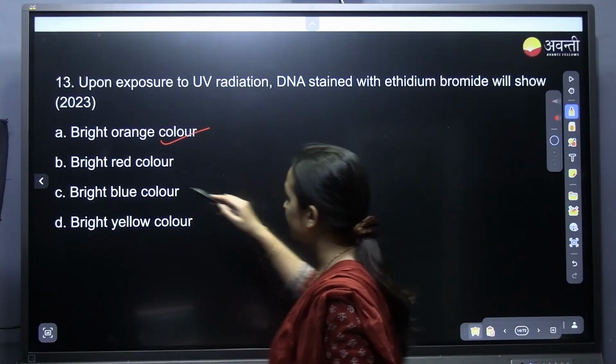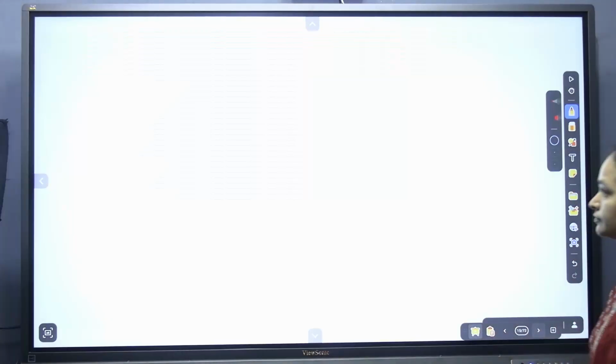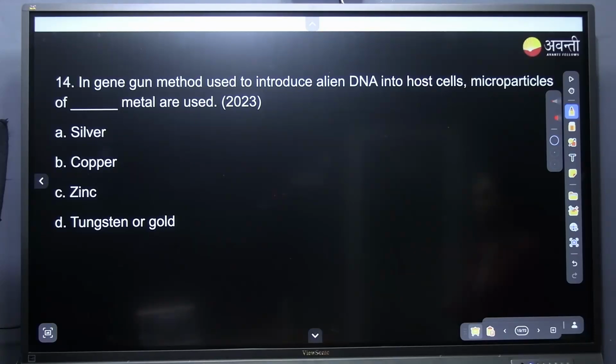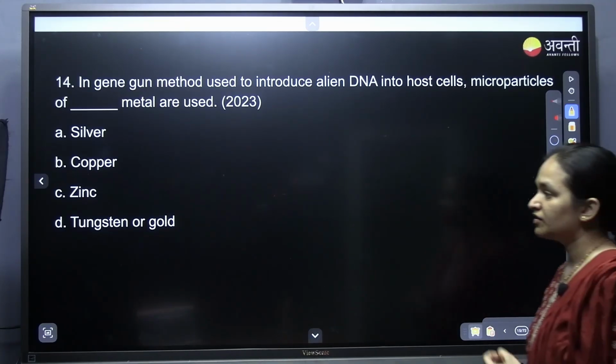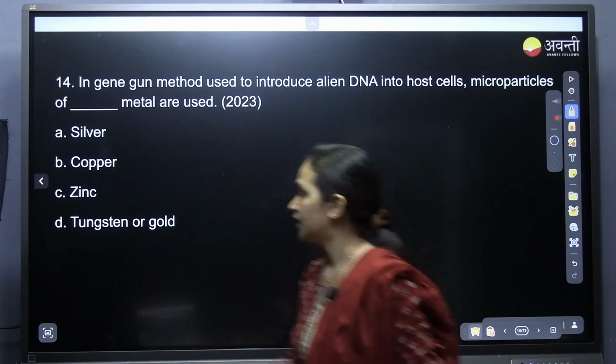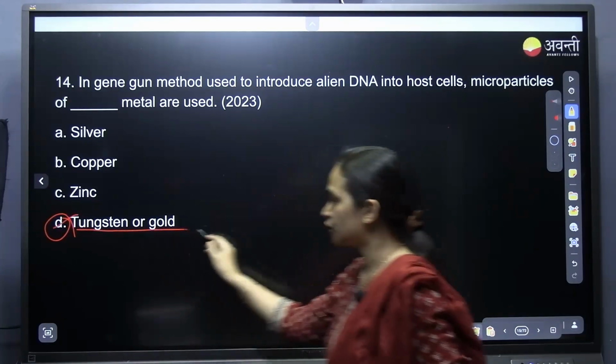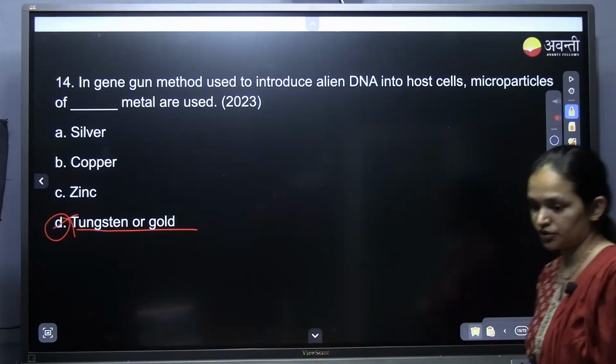Bright orange color. A is the correct answer. In the gene gun method used to introduce alien DNA into host cells, microparticles of dash metals are used. Silver, copper, zinc, tungsten, or D for Delhi, that is tungsten and gold are the metals used.